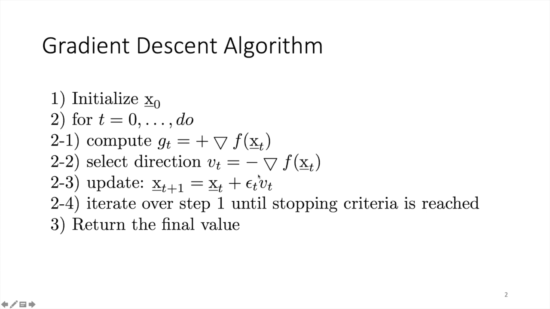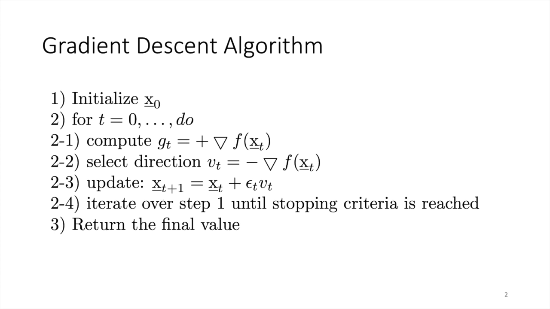So we want to find the local, hopefully the global, minima. We use that as the direction that we multiply with epsilon, which is the step size, and then we update it to get xt plus 1. We're going to iterate over this process until the stopping criterion is reached.